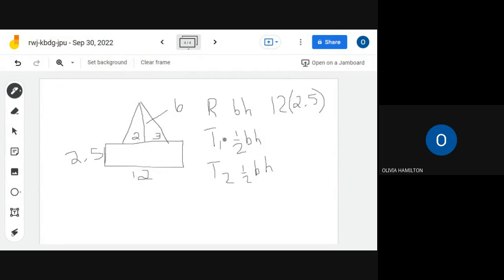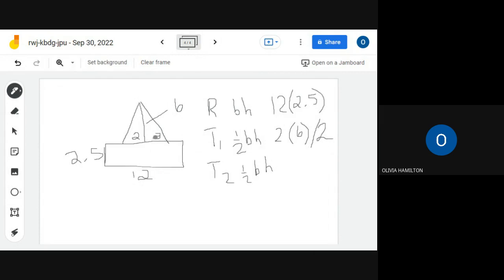Here we have the left one, we have a base of 2. And the height has to be a straight line, so we can't do slants. No slants. It has to be a straight line from the base to the top of the shape, straight line is 6. And then once I solve, I divide that entire thing by 2.